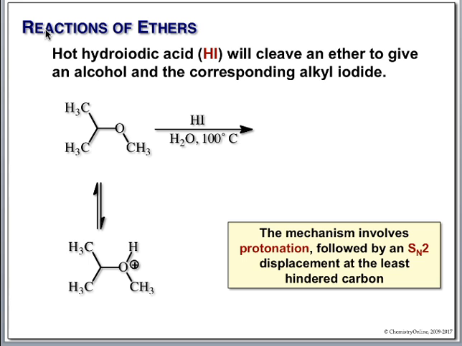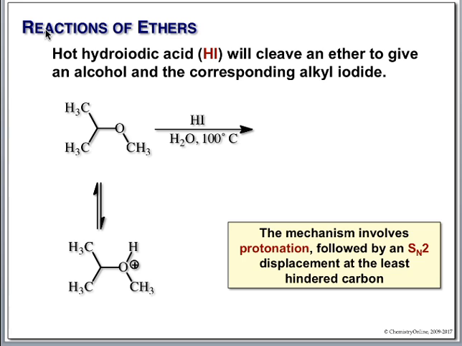Step 2, you have I- floating around in solution. And iodide anion is a decent nucleophile, but it's big. It's a big honking thing. It is going to attack the least hindered carbon, because it's got to get in there to do an SN2 reaction.